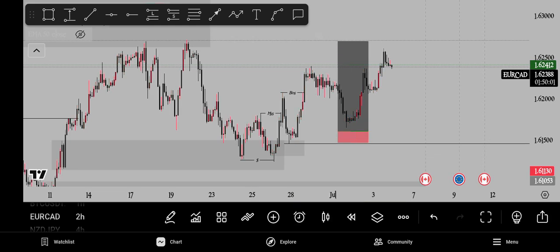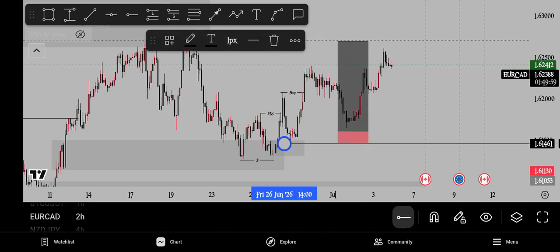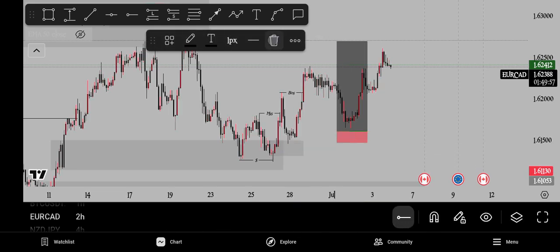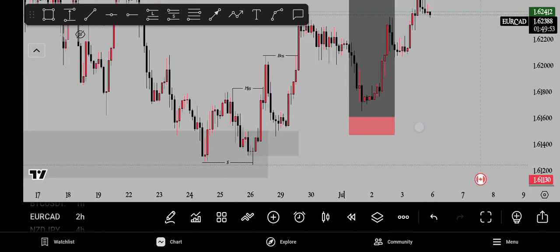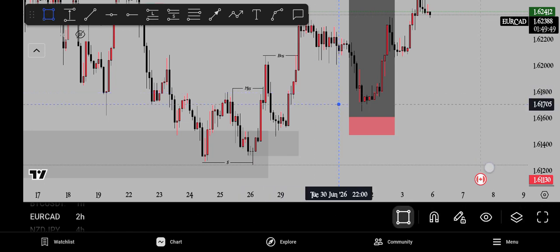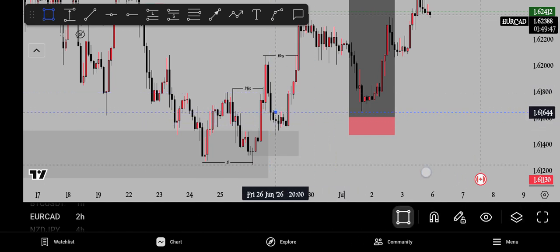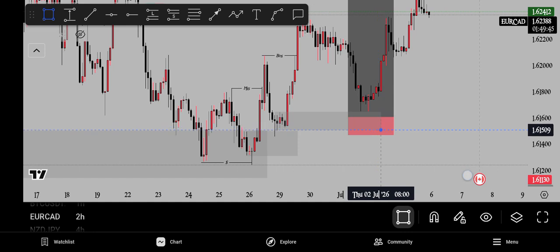So if you were to do any correction here, or if you were to learn a lesson here, it would have been that we would have utilized the whole demand instead of the 4-hour order block.